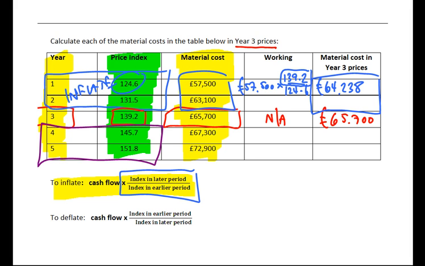Well, if you haven't already done so, why don't you pause me for a minute or so while you have a go at year 2. Same basic process. See if you can inflate year 2's material cost figure up to year 3 prices. Well, if I take year 2's material costs of 63,100, we're then going to multiply by, and again it's the index in the later period, which is again my year 3 index, that's what I'm trying to get everything in terms of, divide by the index in the earlier period, which in this case is year 2, so divide by 131.5.